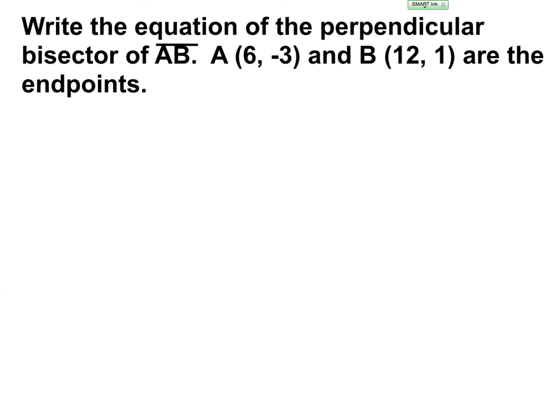The reason you change it is because you want it to be perpendicular. This is the slope of AB. So are you going to use that slope when you write the perpendicular bisector?